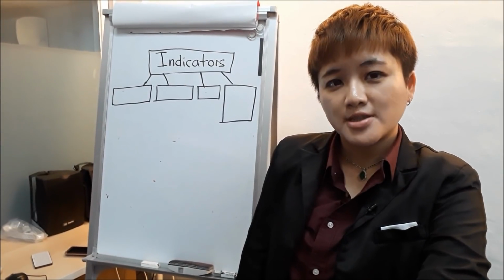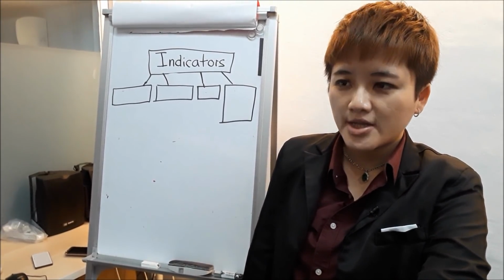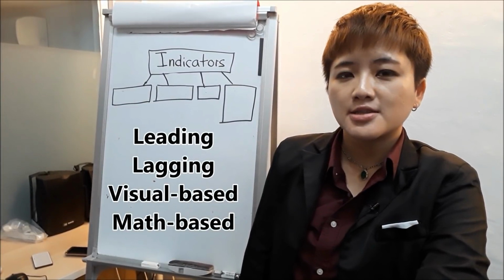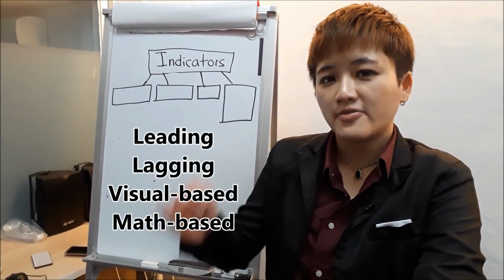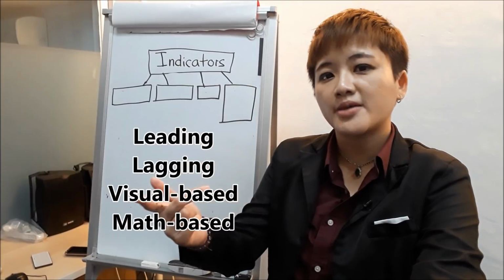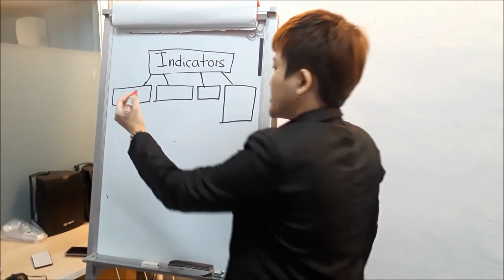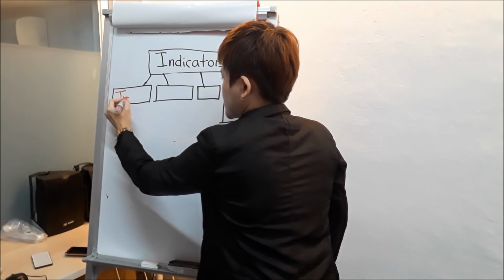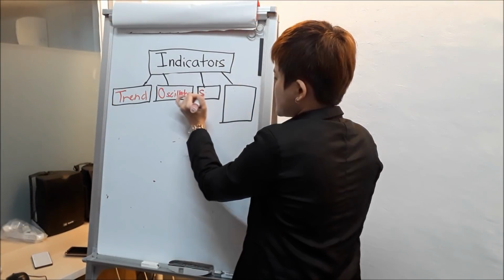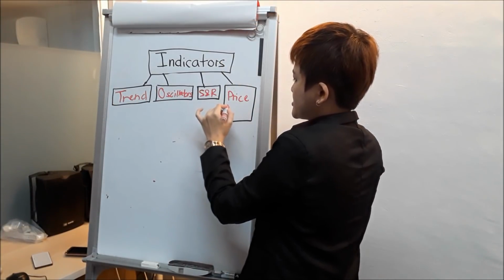There are many ways that you can classify indicators. Leading indicators, lagging indicators, visual-based indicators, math-based indicators, trend indicators, oscillators, support resistance, price action.